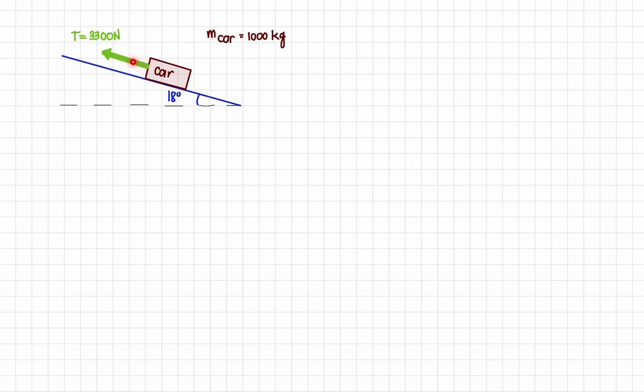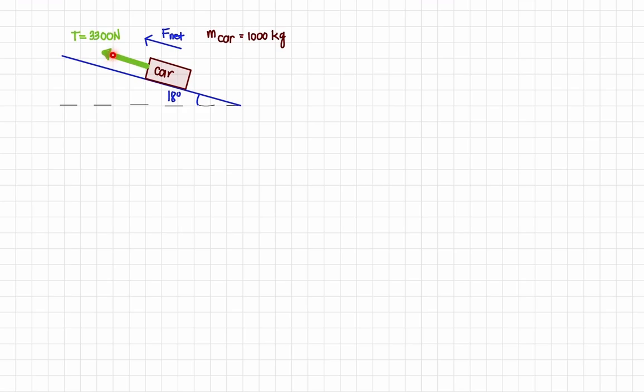So if it is being pulled by the rope in this direction, then therefore the acceleration of the car would also be in that direction. And it is the net force that is going to cause that acceleration.